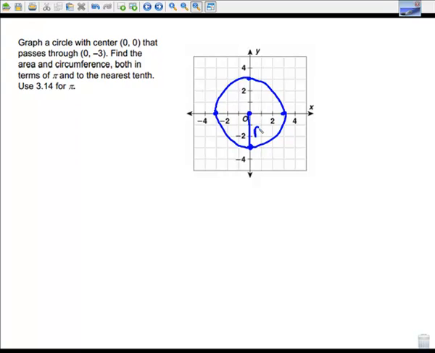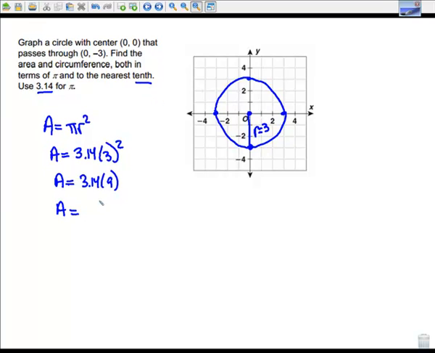So my radius equals 3. Now that I have my radius, I can find the area and the circumference. So I'll do area first. Area is pi r squared. So my area, again, they're asking you to use 3.14 times 3 squared. So the area is 3.14 times 9. And that gives us, the directions say round to the nearest tenth, so this is 28.3.